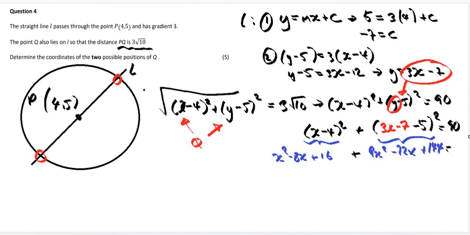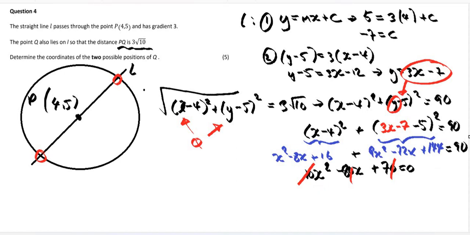All of that is equal to 90. I collect together all my like terms. I've got 10x squared minus 80x plus 70 equals 0. Now I can simplify this. If I simplify it, I'll still have the same solutions. So I can divide through by 10. So x squared minus 8x plus 7.